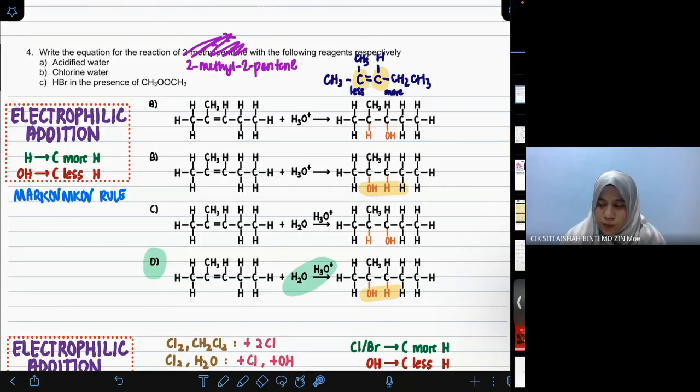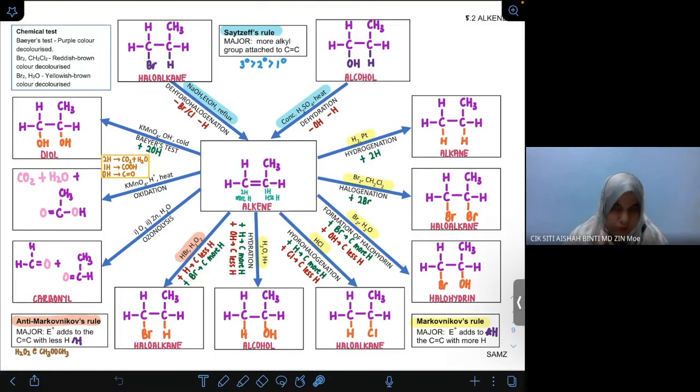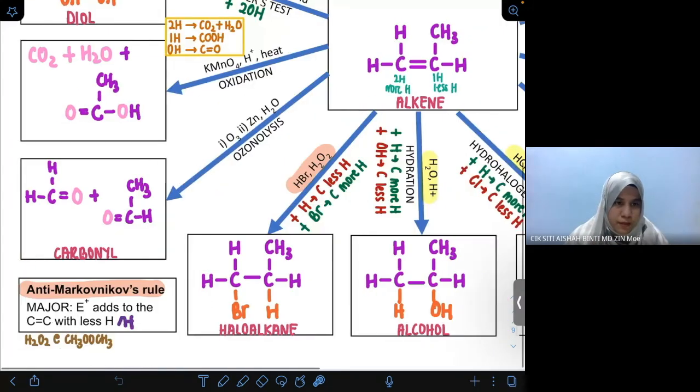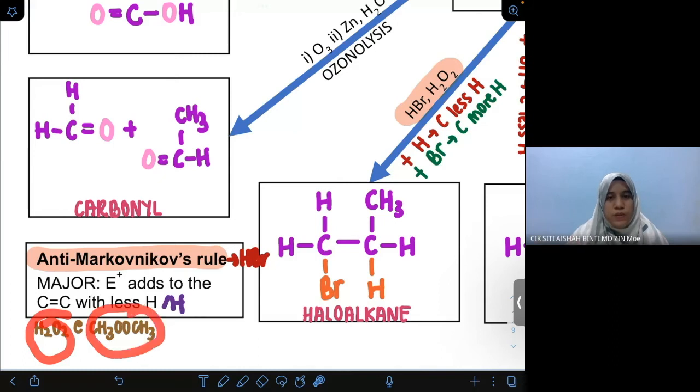So when we look back at our mind map notes, at this point Miss mentioned that for the anti-Markovnikov rule, it must be HBr. It's not only HBr. HBr must include as well either H2O2 or dimethyl ether, CH3OOCH3.